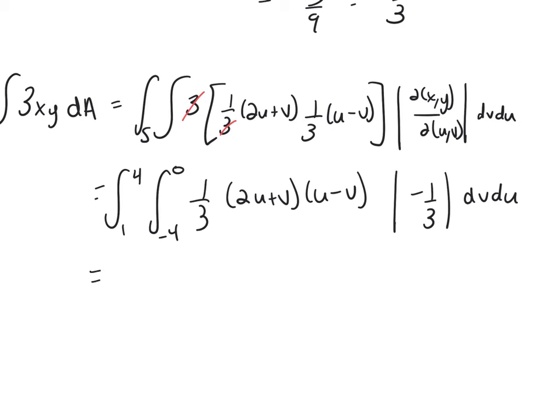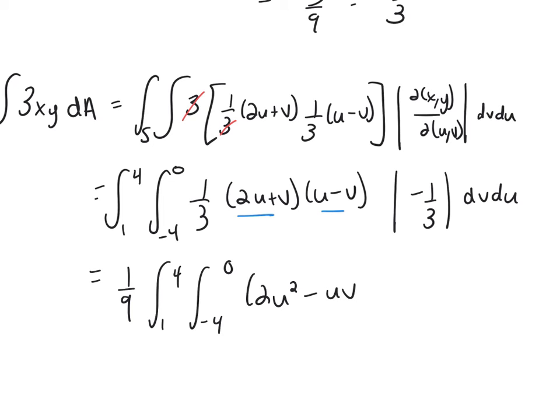So here we're getting 1/9 from 1 to 4, negative 4 to 0. And if I FOIL these two out, if I multiply that out, you should get 2u squared minus uv minus v squared.